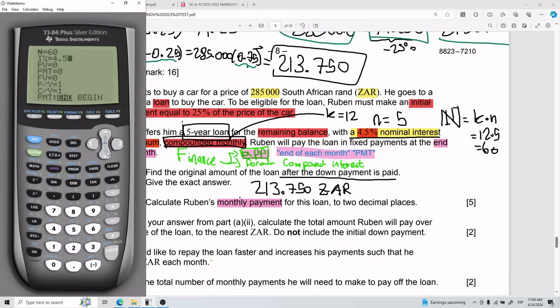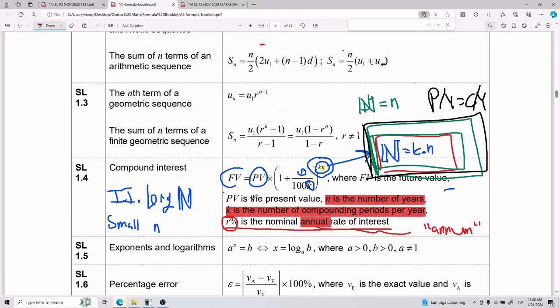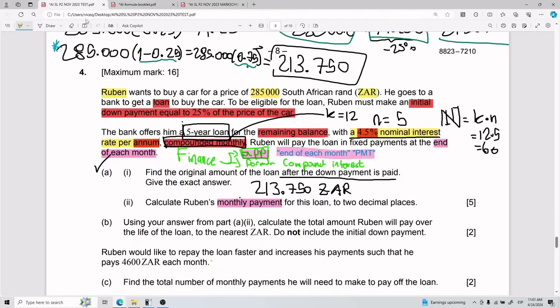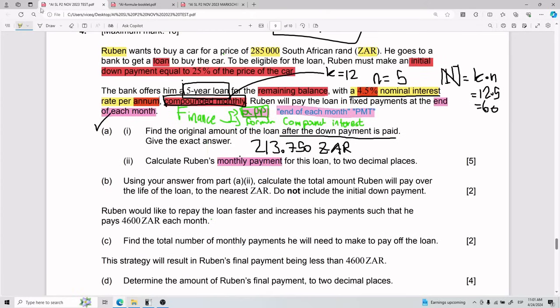So with that, PV is going to be your present value. Now, because it is a loan, and I'm going to try to explain this very well because a lot of people do questions with this. See? So think about it this way. It's a loan, right? So that means you asked money from the bank, right?